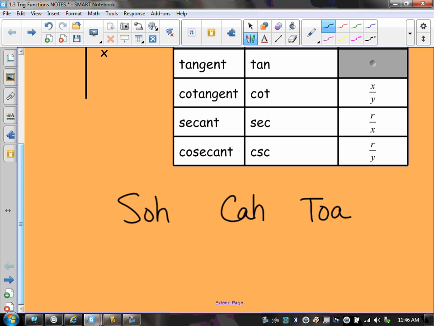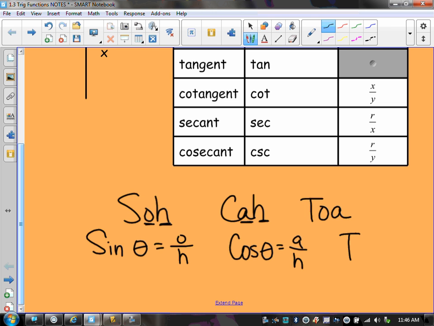We can take a triangle, as long as it is a right triangle, and set up different ratios for the sides using sine, cosine, and tangent, where sine of your angle is equal to opposite over hypotenuse, cosine of your angle is equal to adjacent over hypotenuse, and tangent of your angle is equal to opposite over adjacent.